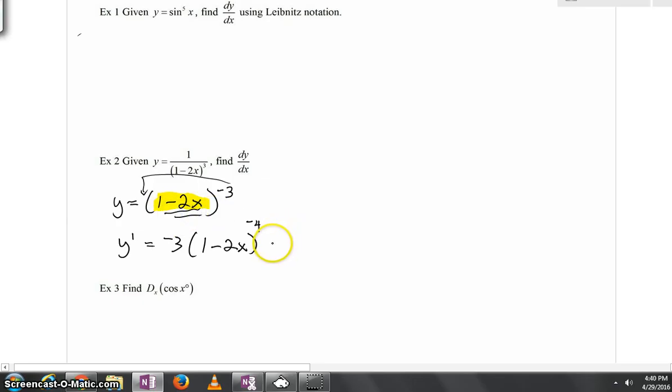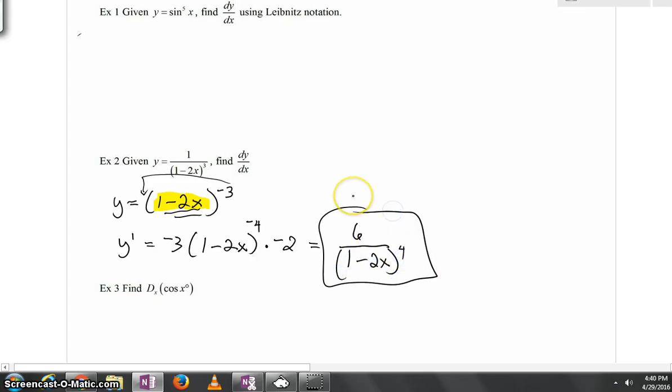The derivative of 1 minus 2x will actually be negative 2. Simplifying, negative 3 times negative 2 is a positive 6. You could bring down that 1 minus 2x, raising it to the fourth, and you're done. You found your derivative. This would allow you to find tangent line slope should you need it.